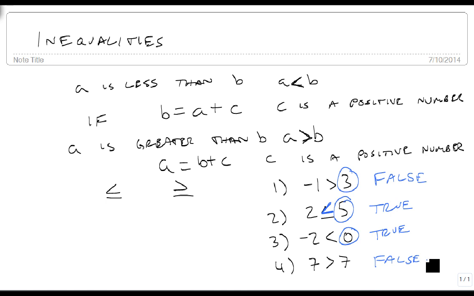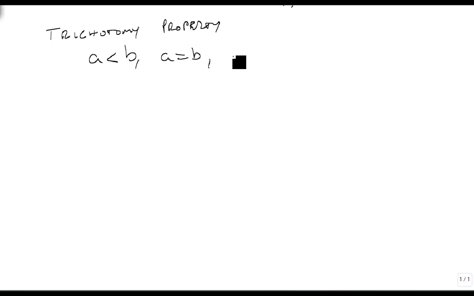In fact, this last one's really important. There's a couple of things that you need to be aware of in order to use these properly, and that's the following. There's the trichotomy property, which says that A is less than B, A is equal to B, or A is greater than B. Only one of these can be true.